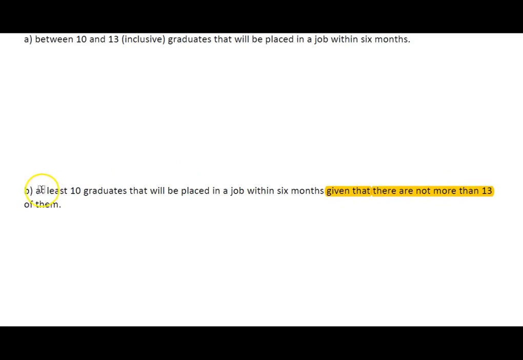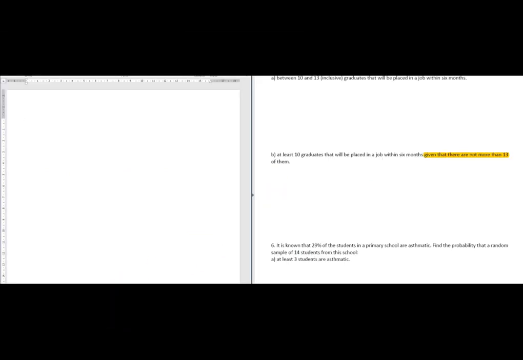Then only do we take a look at how many out of these not more than 13, how many of them are actually at least 10 graduates that will be placed in a job within 6 months. So in this question, given that not more than 13 of them is the conditional.